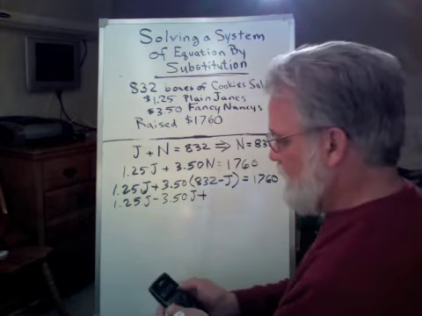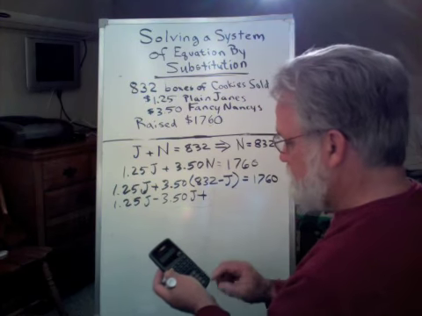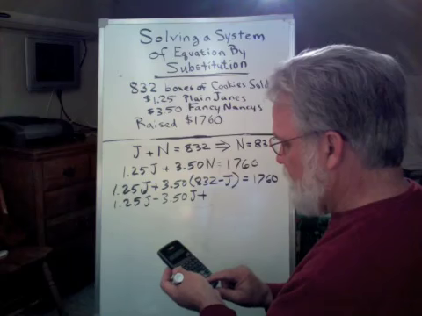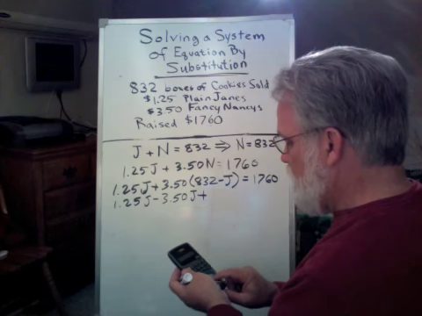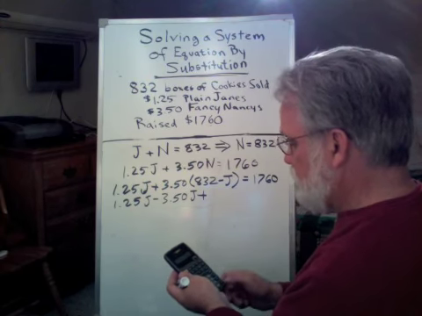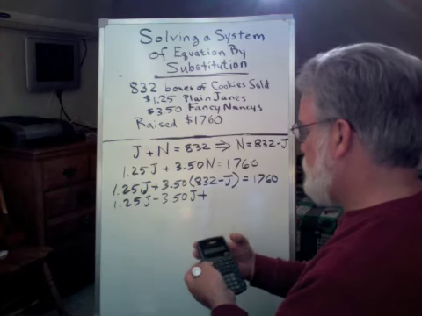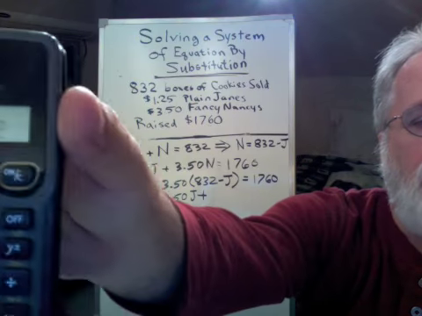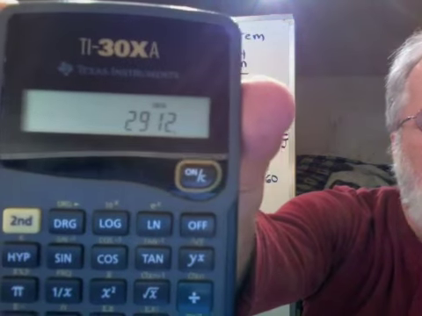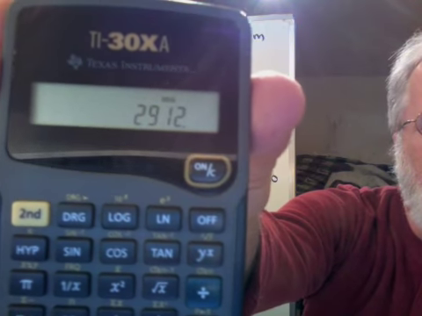I now have 832 times 3.50, and that equals 2,912.